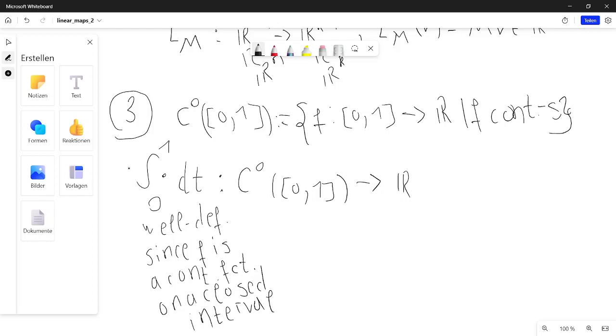And all continuous real-valued functions on closed intervals are definitely integrable, right? All right.